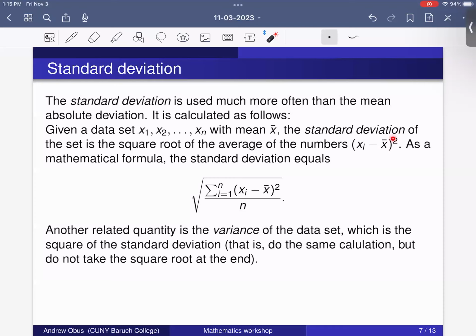So we take the square of each distance, and then you take the average of the squares. And then at the end, you take the square root. That's kind of to cancel out the squares. So if you want to think about this, you think about this as the square root of the average of the squared deviations.